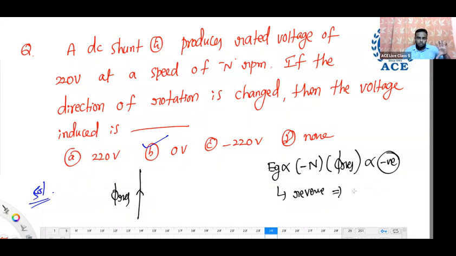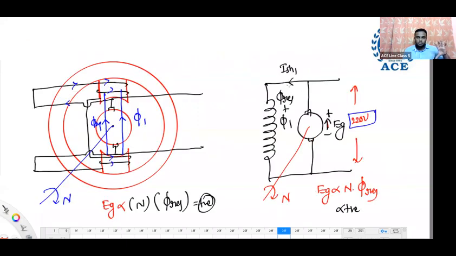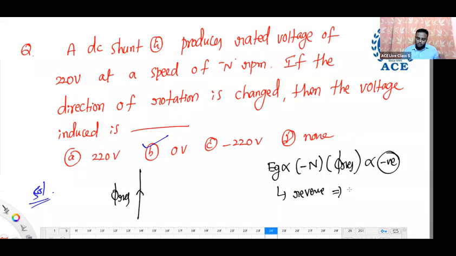When EMF reverses, the field current will reverse or not? If it is plus, current is going like this. But when it is plus here and minus here, reversed, then the field current will flow in this direction. So whenever field current reverses in the winding, what is the flux phi1 direction? Also reversed. Whenever field current ISH reverses, the phi1 that is produced is also reversed. Reversed means previously upward direction, now you have to take the downward direction.